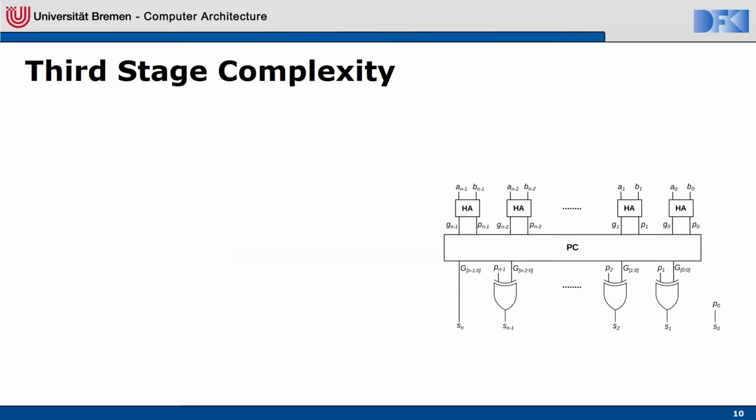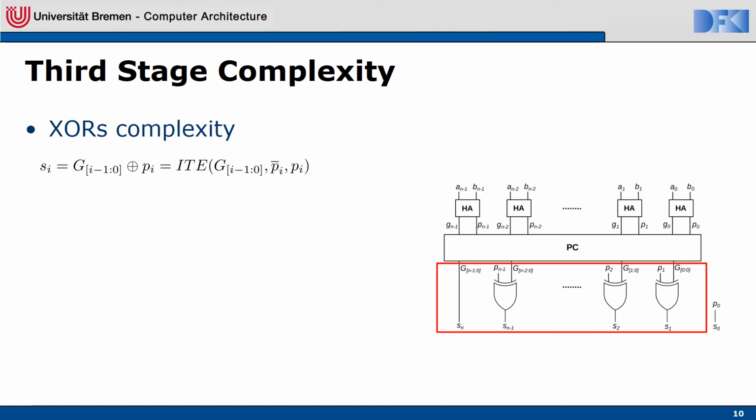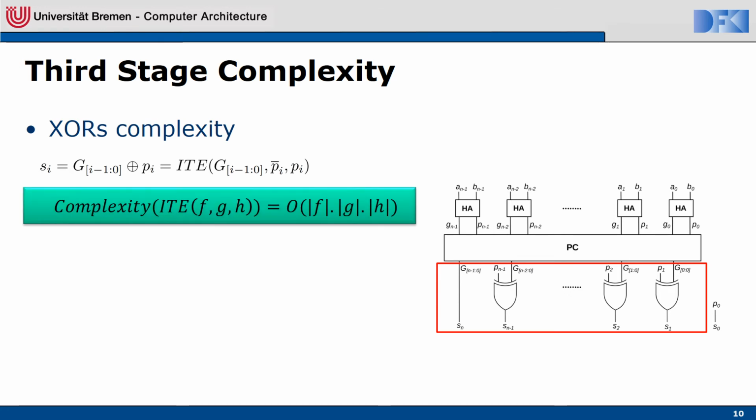Now we calculate the complexity for the third stage. In this stage, we have the XOR operations between group generate g i-1 to 0 and propagate signal p i. We can translate it easily to an ITE operation. Based on the complexity of the ITE operations, we can get the complexity of computing the final sum bit S i.